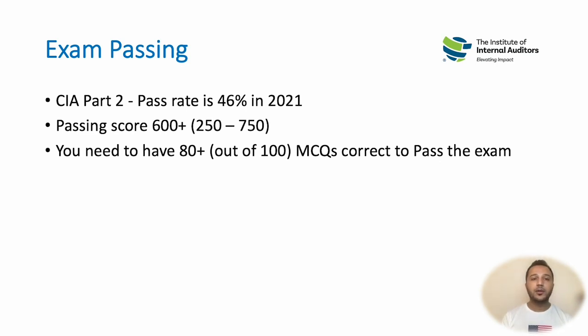But looking at it from a different angle, all those who pass Part 1 have a very solid foundation, on which you take all those concepts and apply them practically in Part 2. So it's relatively a higher percentage, because people are coming with a good understanding of all the key concepts.